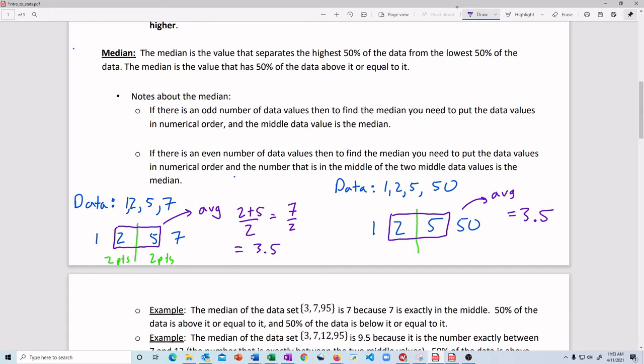If I've got incomes with a bunch of people, very similar incomes, and I take the mean, it'll do a good job telling me the middle. The median, same. If instead I've got a bunch of people with similar incomes, but one person with a big, big, big income, then that one person, we just saw it, that one person is like the 50 here. They're going to pull the average up, the mean up.